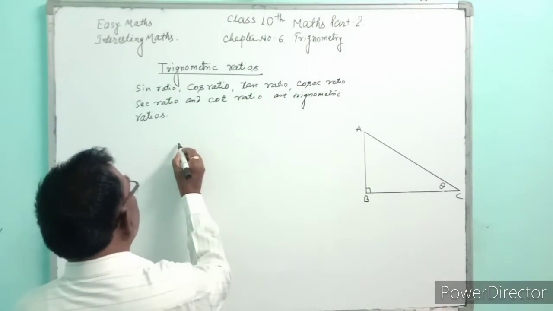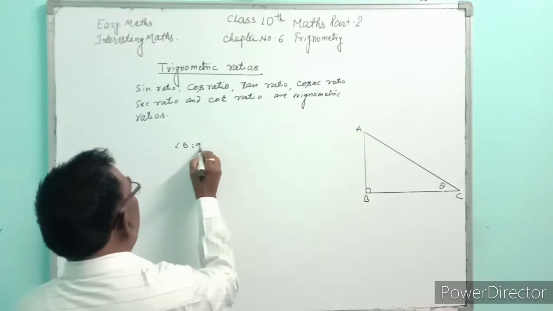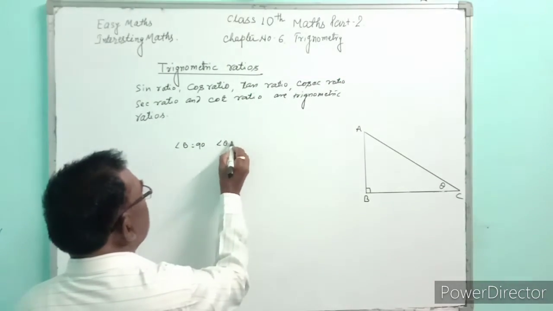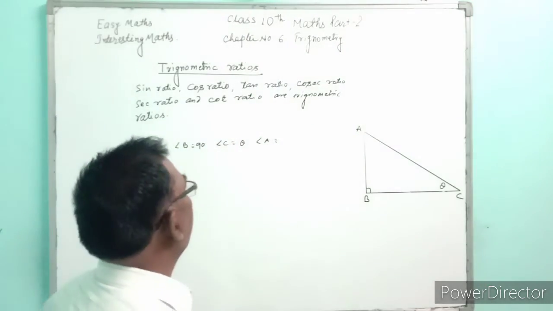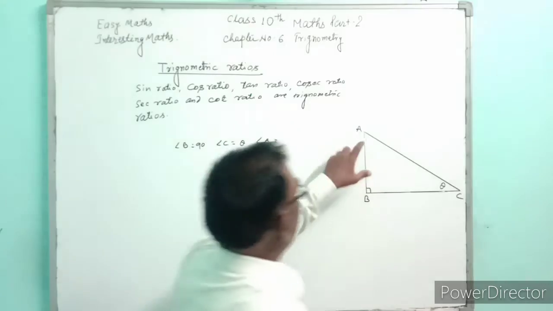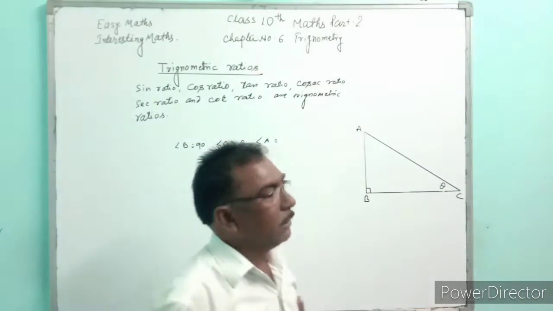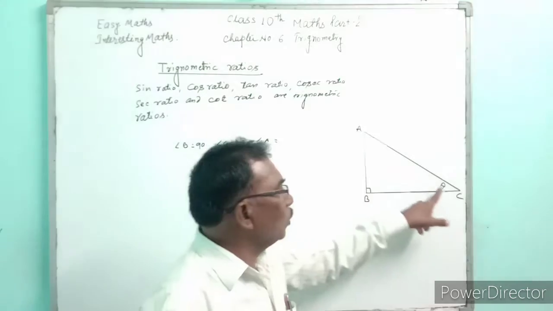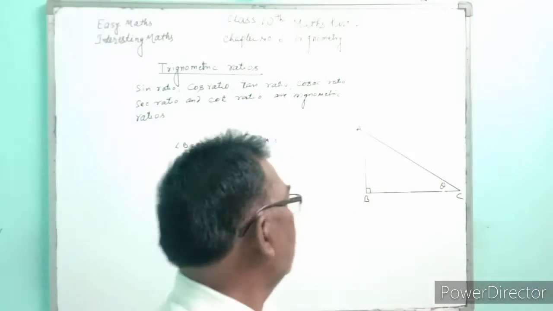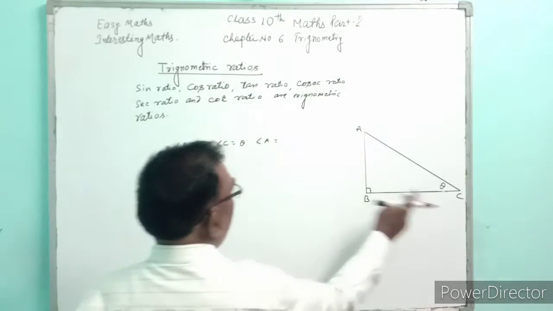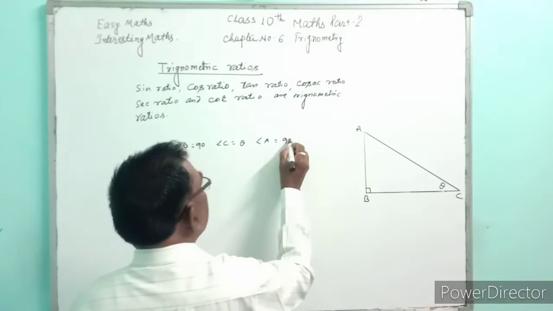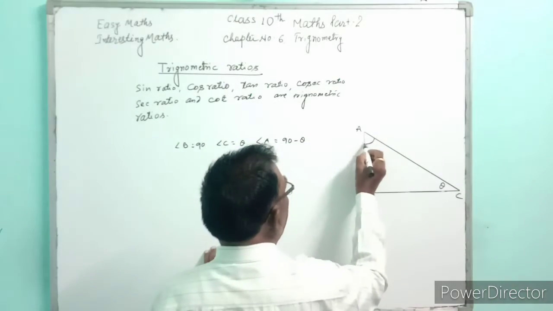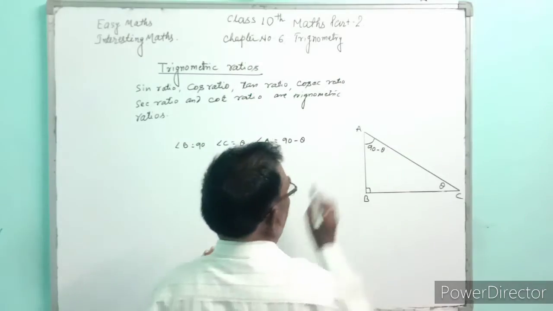The measure of angle B is 90 degrees, the measure of angle C is theta degrees. Therefore, the sum of the measures of these two acute angles is 90 degrees. Therefore, the measure of angle A will be 90 minus theta. So, we will write here 90 minus theta.